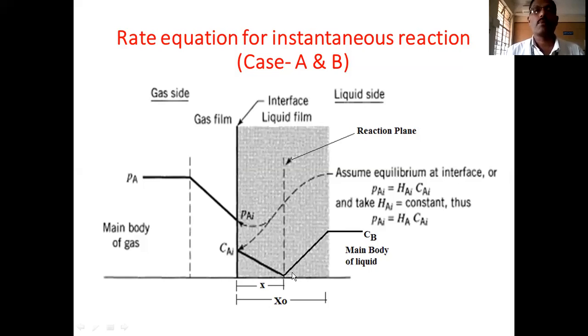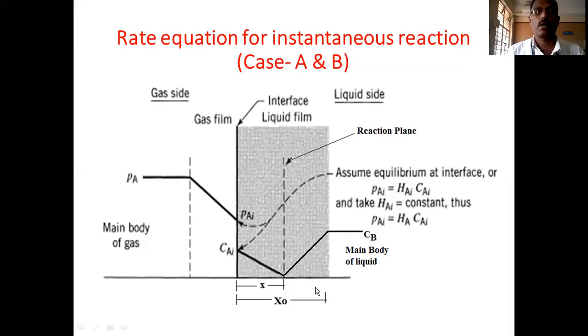Why is it 0? Because CB is the concentration of B in the bulk of the liquid, the main body of the liquid, which diffuses through the liquid film towards the reaction plane.